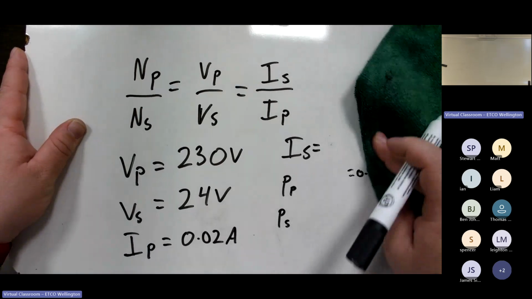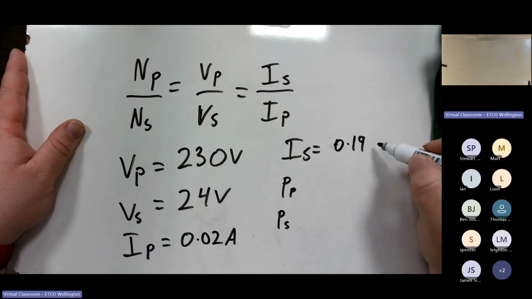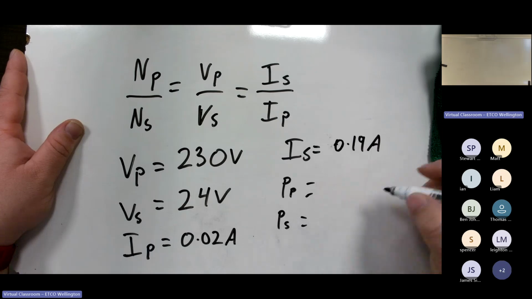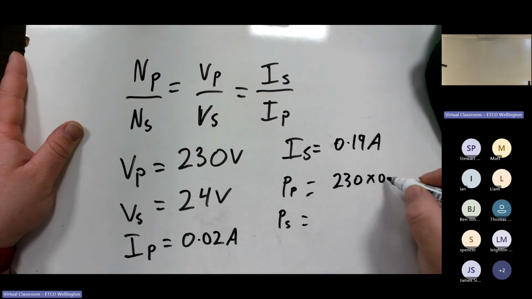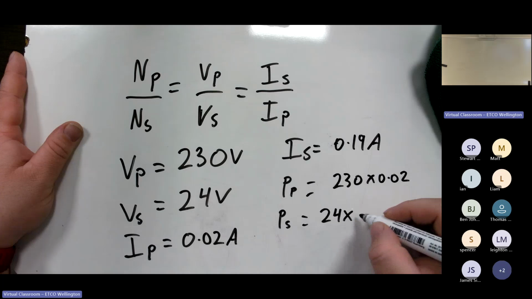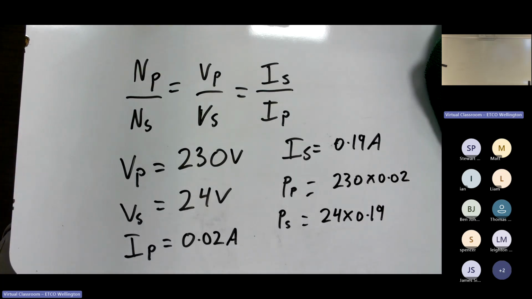So we'll then put our I secondary in at 0.19 amps, and then power should be the same. So power primary should be 230 times 0.02, and then power secondary should be 24 times 0.19. So if anything, it would be rounding errors. So this should give you 4.6.